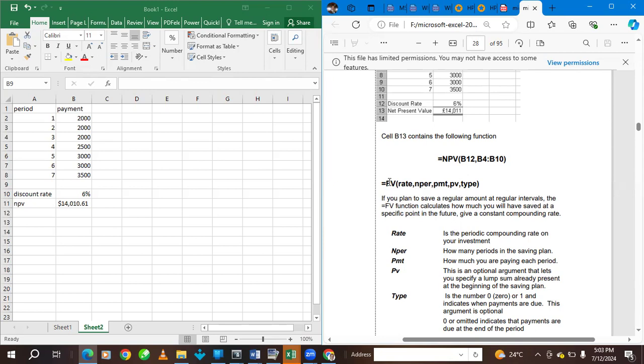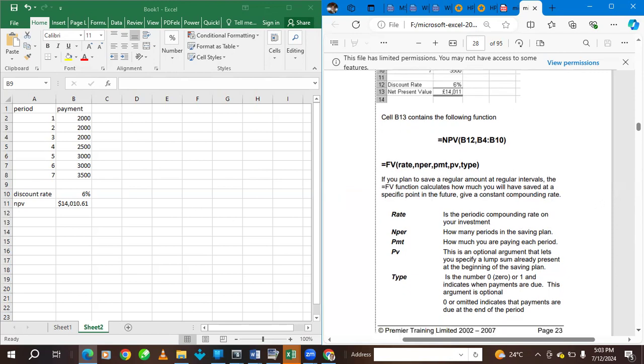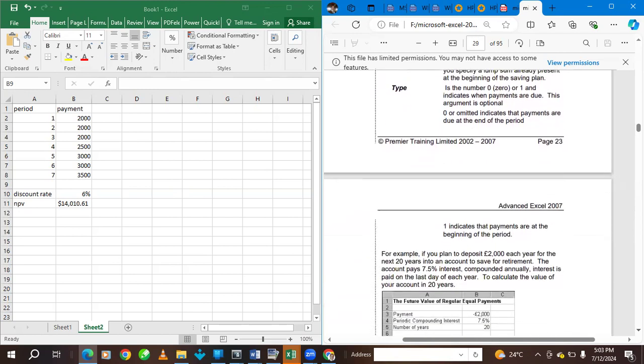For example, you can go to a bank, then you open a fixed amount account, so that you'll be depositing maybe 4,000, 4,000, 4,000, 4,000 for a period of 12 months. When you calculate the total amount that you have saved, this value will be shown by the help of the FV function.